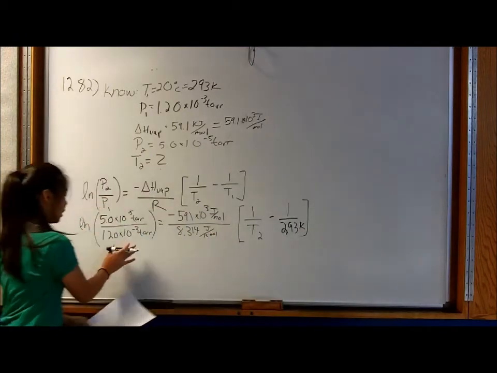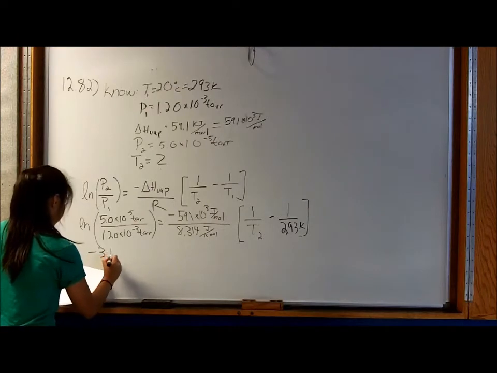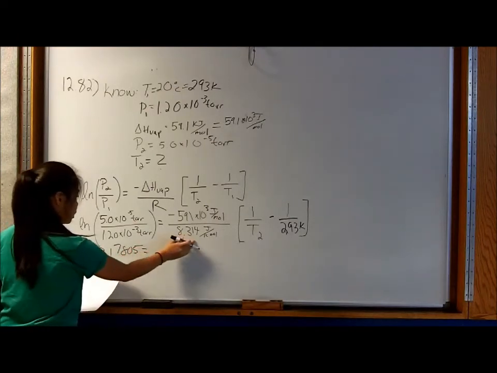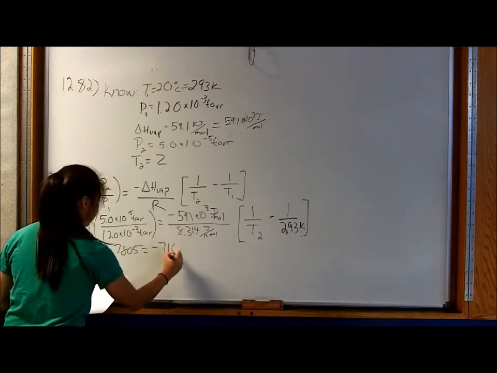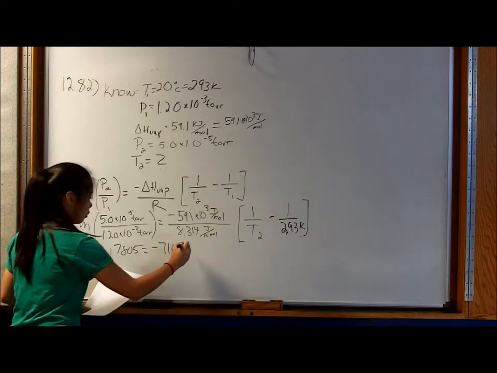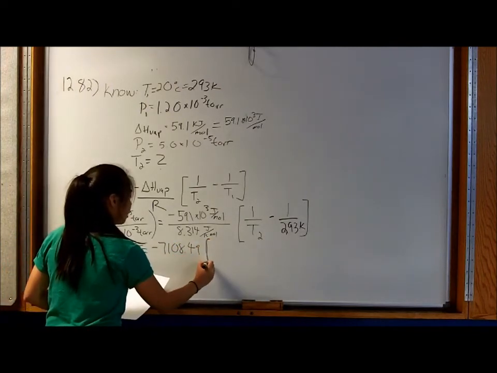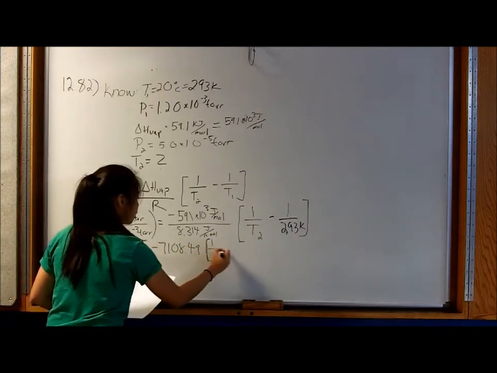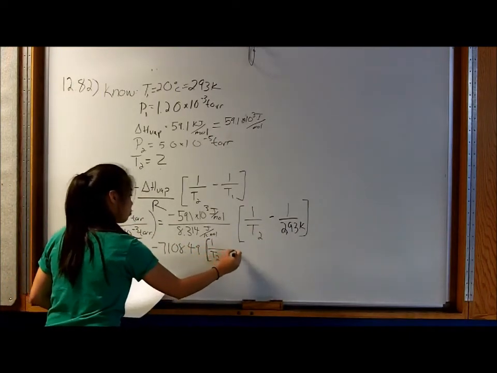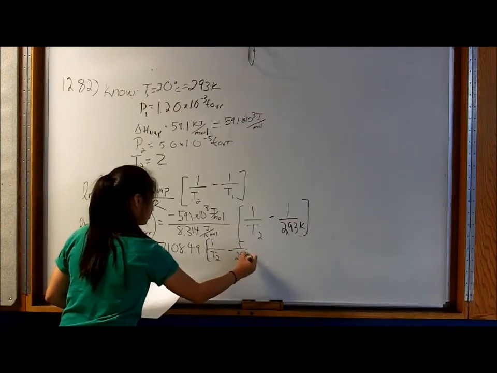You want to simplify this, so you get negative 3.17805 equals, you simplify this, negative 7,108.49 multiplied by this value. You really can't simplify this yet, so you keep it as it is. 1 over T2 minus 1 over 293 Kelvin.